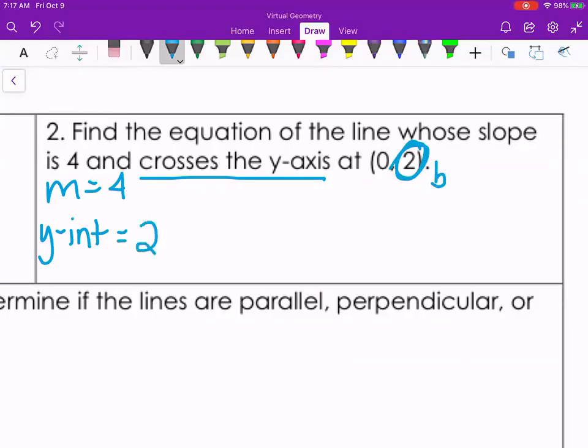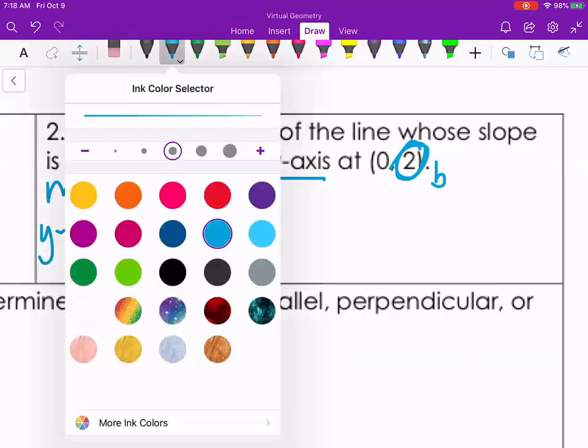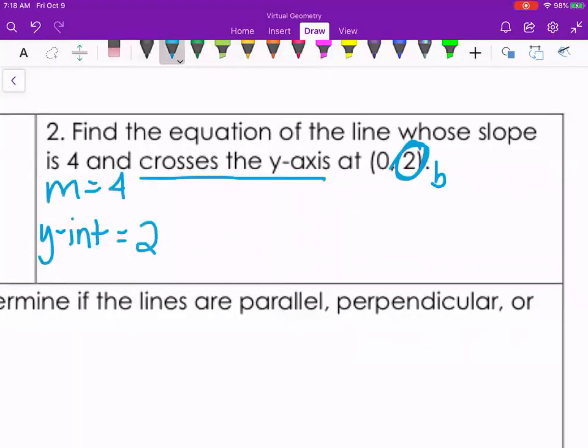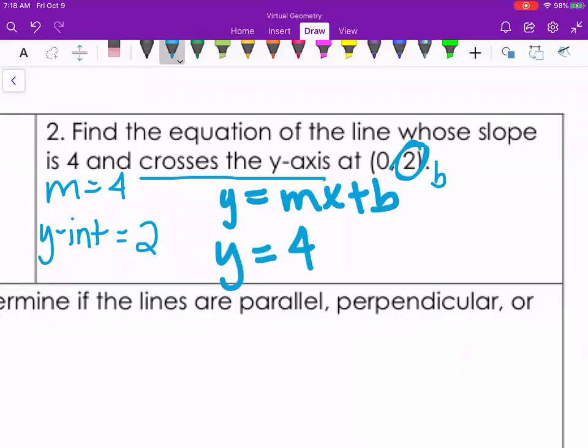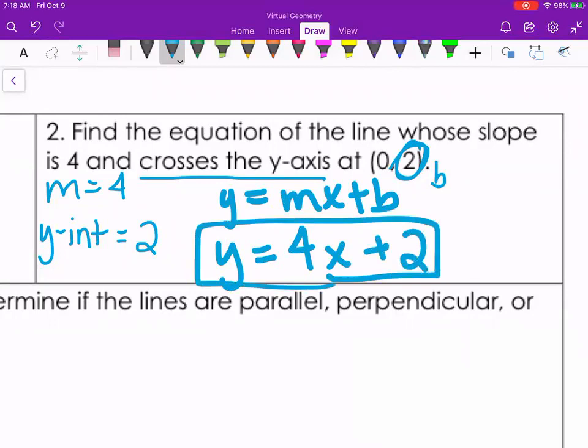So when I use these two values to make my equation, we use y equals mx plus b. That's always our start. So I have y equals, my m is a 4, so substitute that. My b is the 2, and it's positive, so plus 2. So there's my equation for that one.